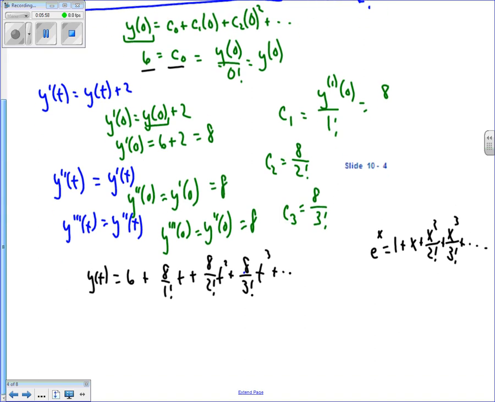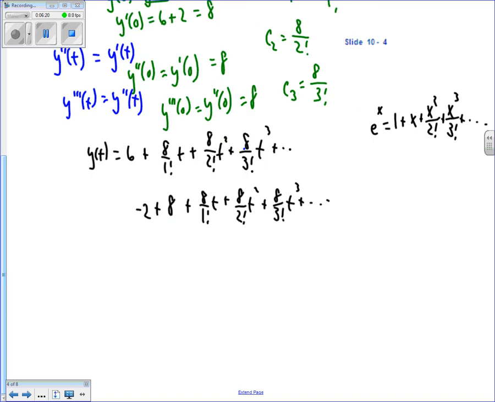I'm going to rewrite 6 as -2 plus 8, and then rewrite everything else that's there: 8 over 1 factorial t plus 8 over 2 factorial t squared plus 8 over 3 factorial t cubed, and so on. Now I notice that I have 8 in common with everything, and that was the only reason for writing that 6 as -2 plus 8.